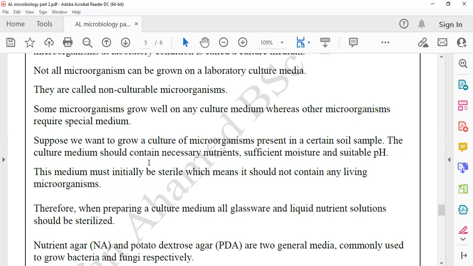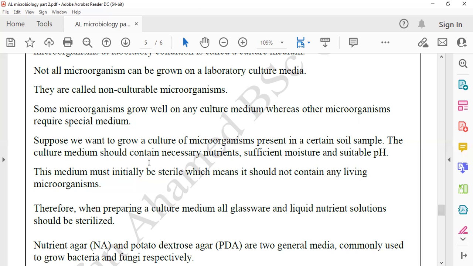For example, if you want to find out the microorganisms in a soil sample, we need to take the soil sample and spread it on the culture medium. Then that microorganism will be growing in that culture medium from that soil sample.